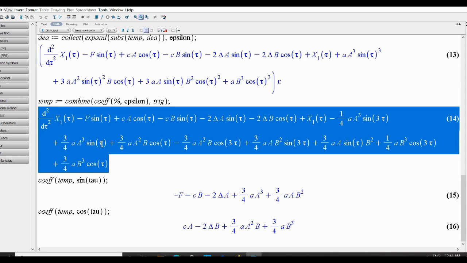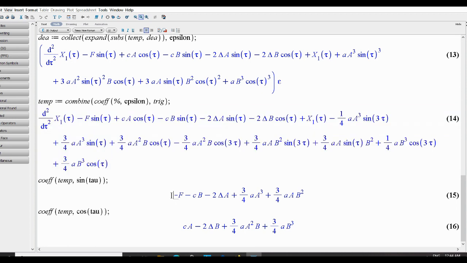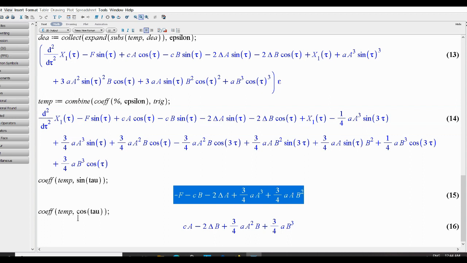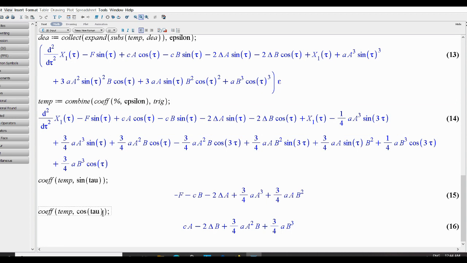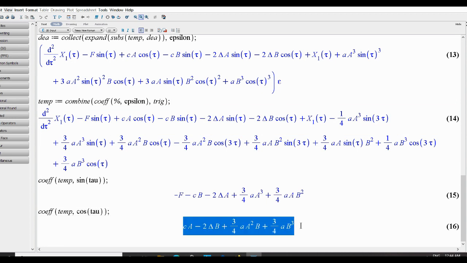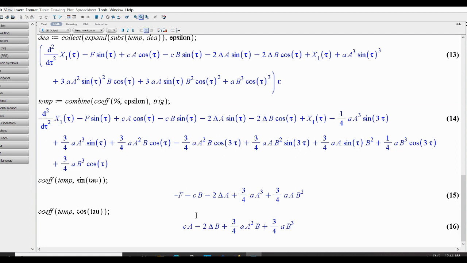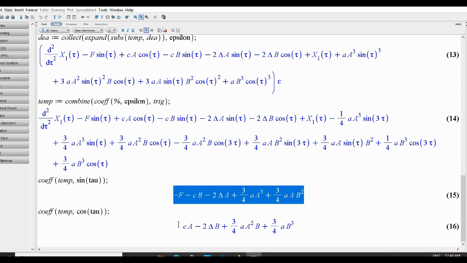I insist on a periodic solution. Since I insist on a periodic solution, I have been led to the conclusion that this must be 0. Similarly, the cosine of tau coefficient, which is this, has to be 0. I have been led to the conclusion that if there is a periodic solution, then this must be 0 and this must be 0.